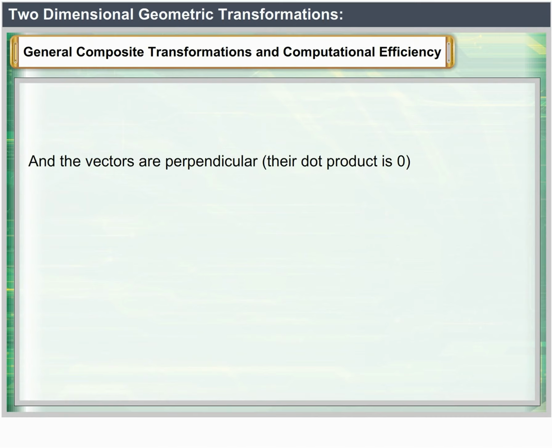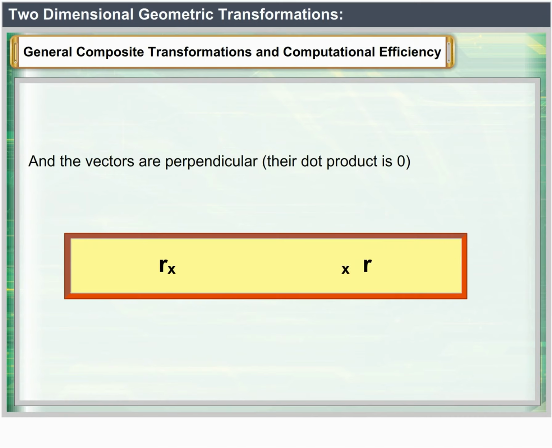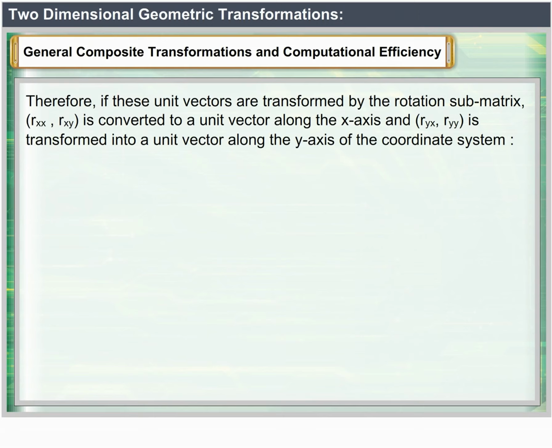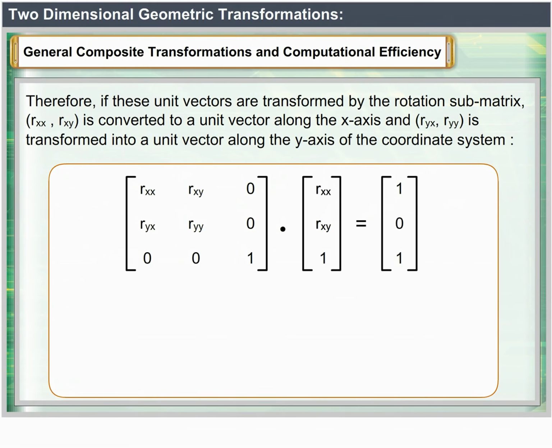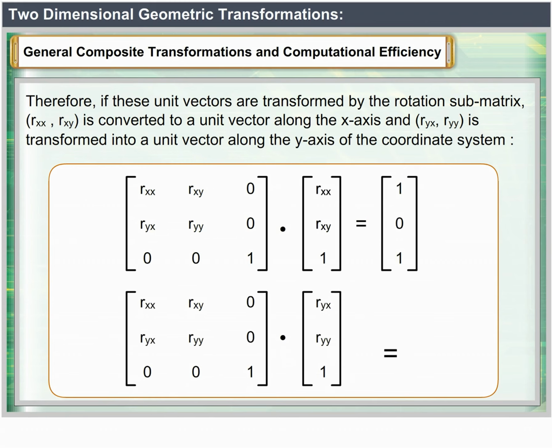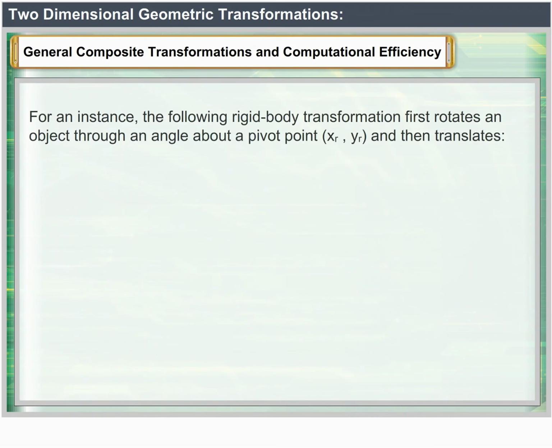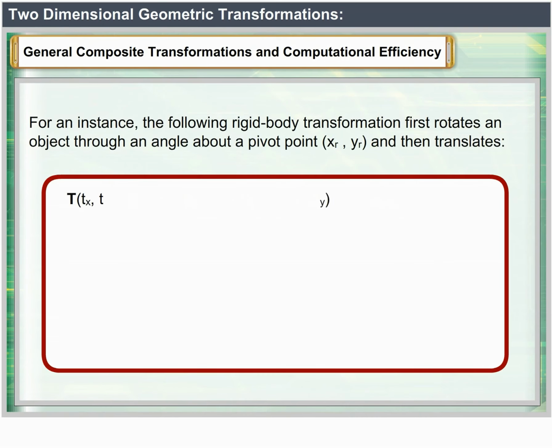Therefore, if these unit vectors are transformed by the rotation submatrix, Rxx, Rxy is converted to a unit vector along the x-axis, and Ryx, Ryy is transformed into a unit vector along the y-axis of the coordinate system, as shown below. As an example, the following rigid body transformation first rotates an object through an angle theta about a pivot point xr, yr and then translates as shown.